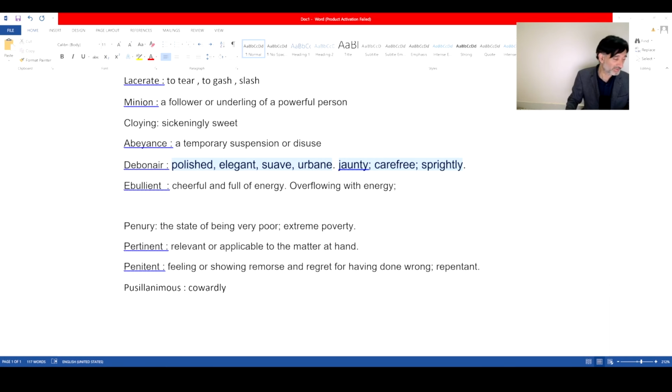Our next word can be onus. Let's say onus is our next word.